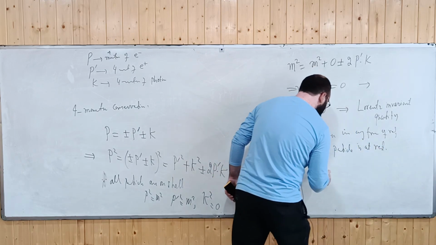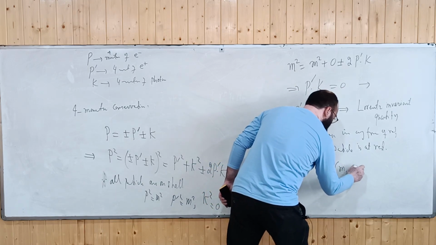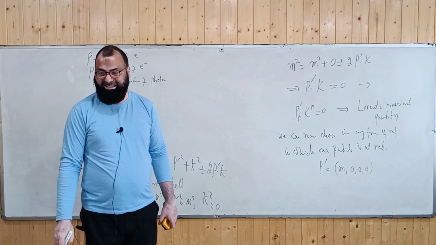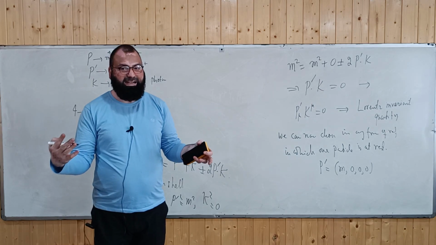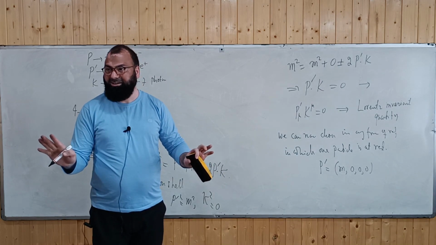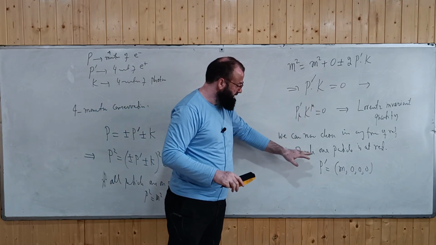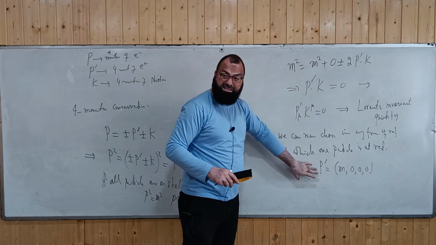What does that mean? I will choose a frame of reference where this p prime is simply equal to (m, 0, 0, 0). समझ आया? So let's say one of the particles is at rest. Got it? So now what does this condition demand? This condition should be satisfied in this frame of reference.